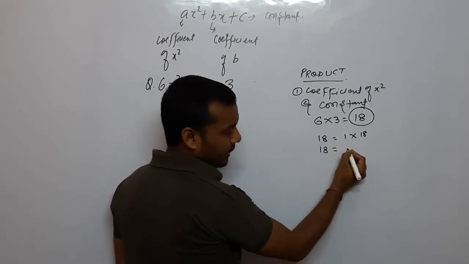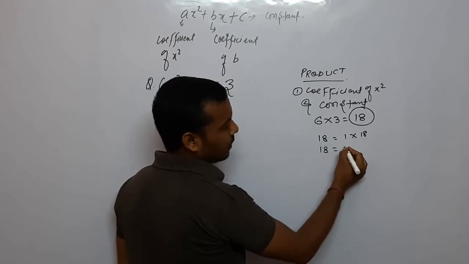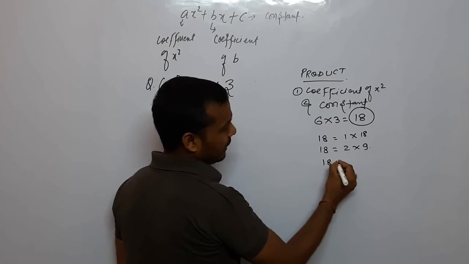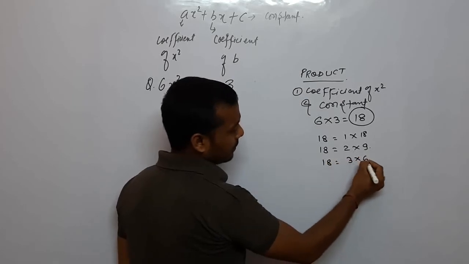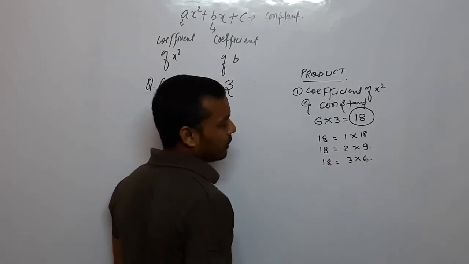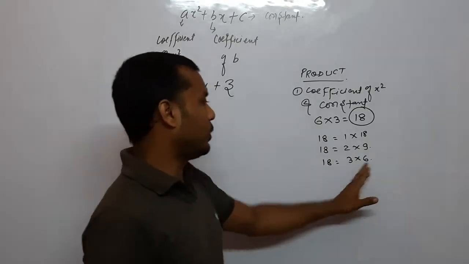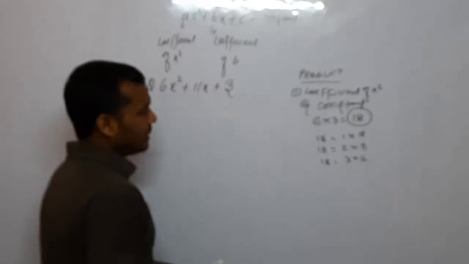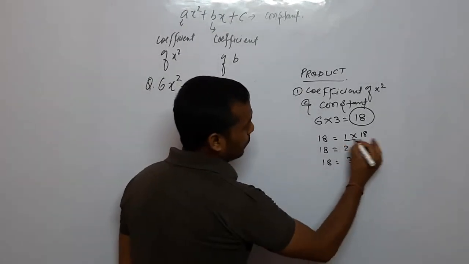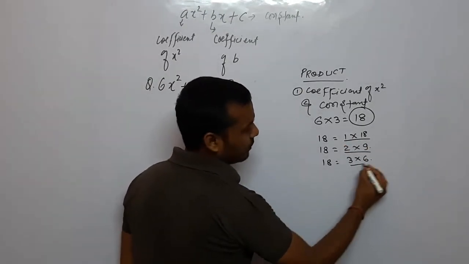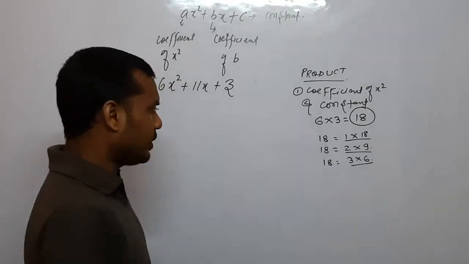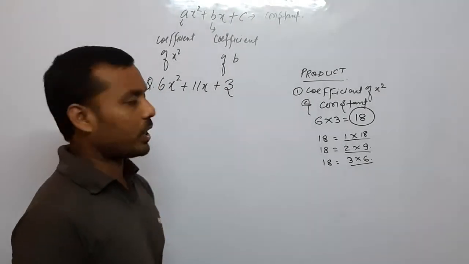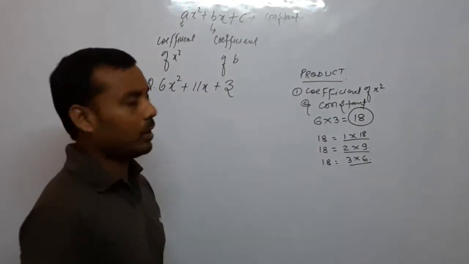Again 18 can be written as 2 into 9. 18 can be written as 3 into 6. And further you can write 6 into 3, same thing you will get. Now 18 can be split into the product 1 into 18, 2 into 9 and 3 into 6. See what I am telling you, by addition or subtraction we have to obtain the middle term.